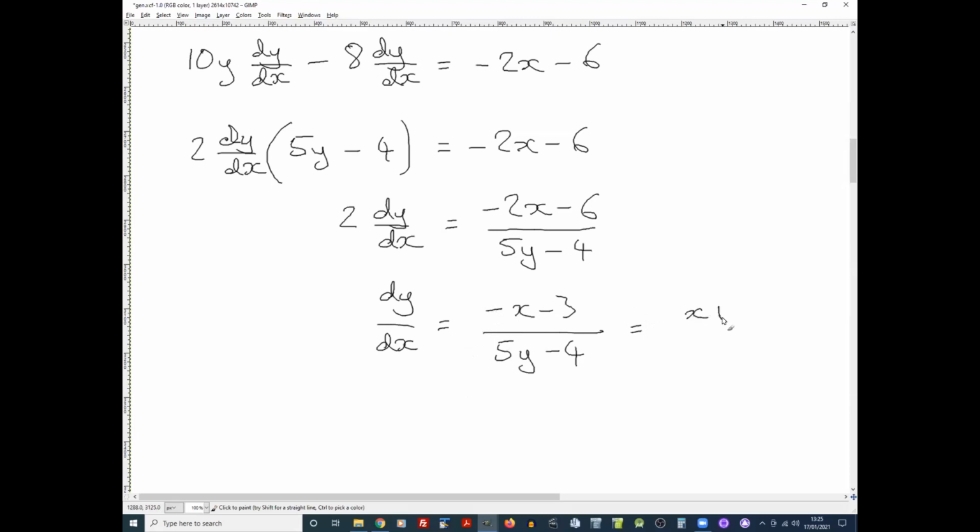I think we could write x plus 3 over. So what liberty have I taken with the numerator? Minus 5y plus 4, or even more simply, 4 minus 5y.